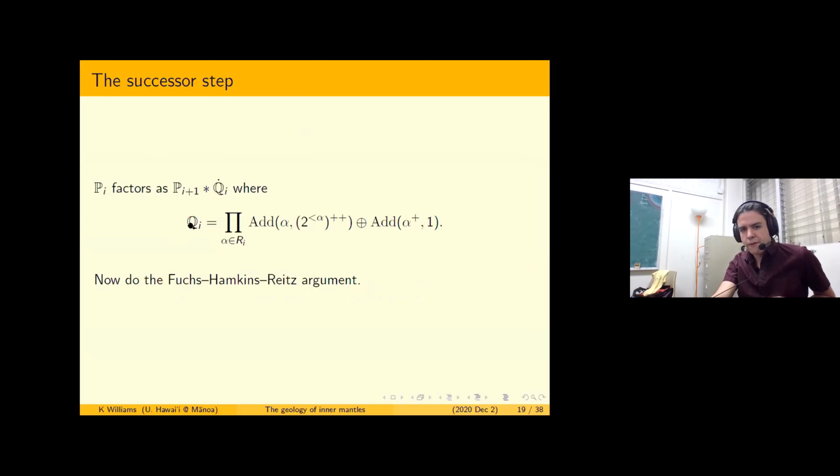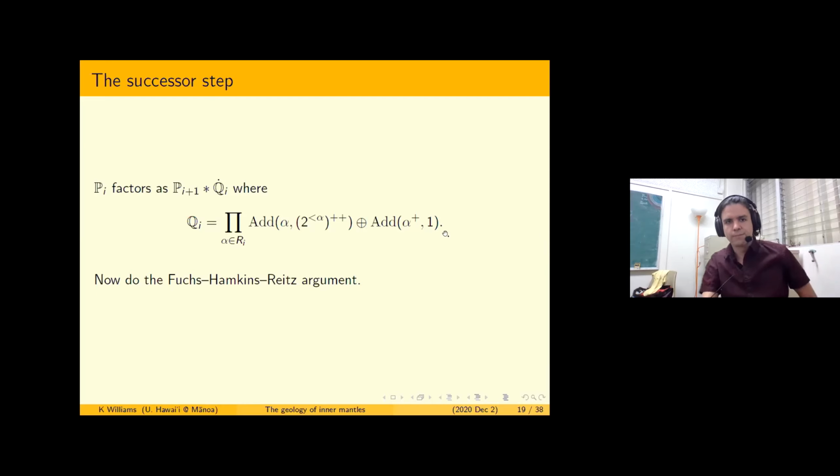They differ by the guys that have indices exactly I. And so what happens at index I is we're looking at R sub I, and we're doing this product of generically making GCH hold or fail. That's what's happening at the ith stage of this eta star iteration. And so now the successor step is just the Fuchs-Hamkins-Reitz argument. We're doing this product, so it's going to give us exactly what we want. Okay. Let me pause to ask for questions.